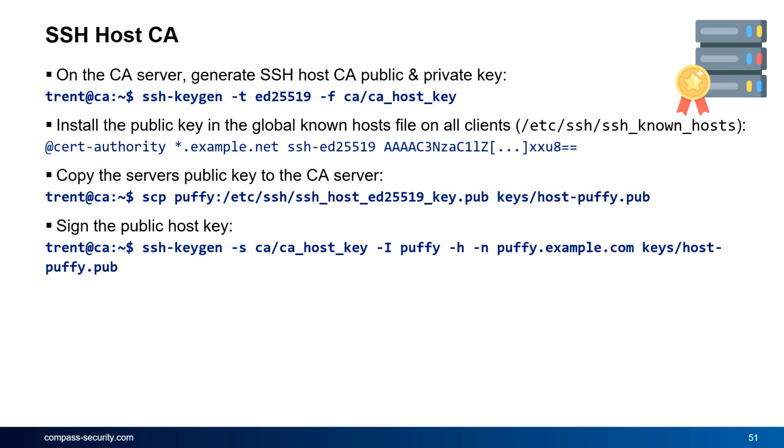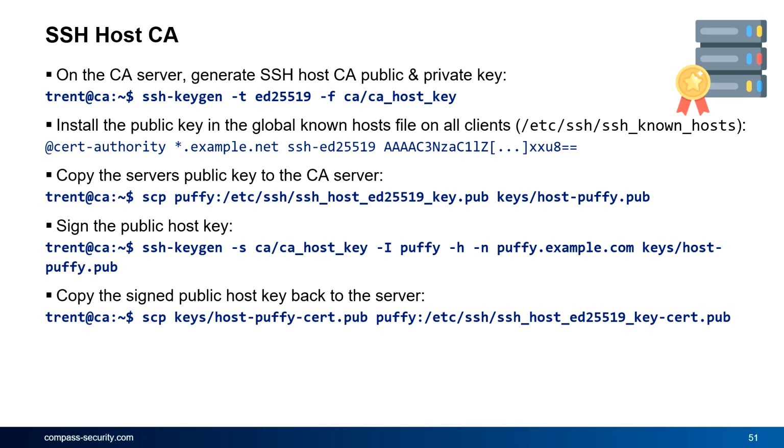Then you specify the private key of the CA using the -s option. Then you specify a key ID. This is just an ID that's used in the log files as an identifier, with -I. Then with -h, you say that this is a host key. And with -n, you say for which host name this key is valid. Then you specify the public key, and this will then finally produce the certificate for this host.